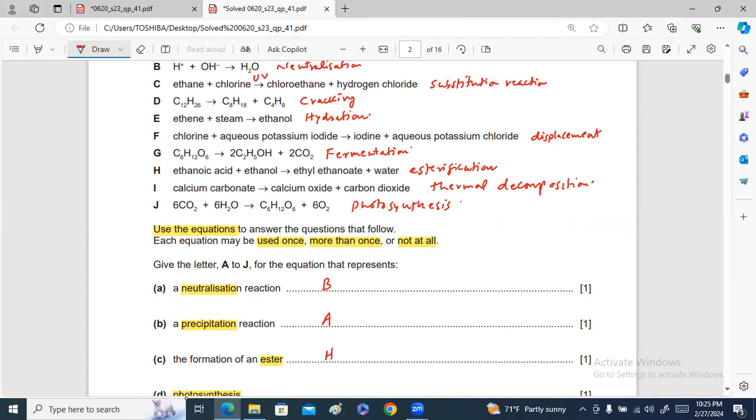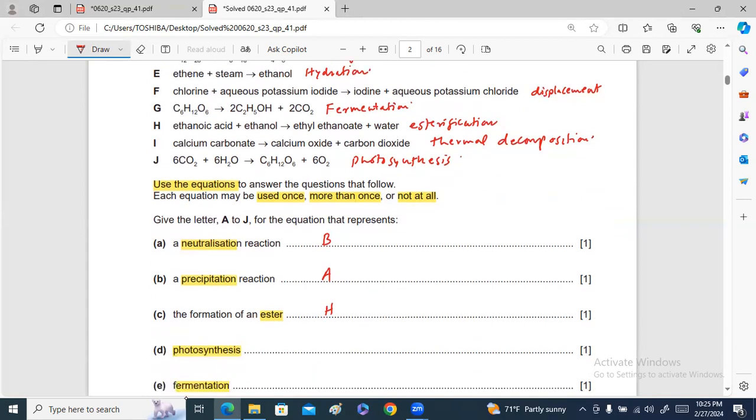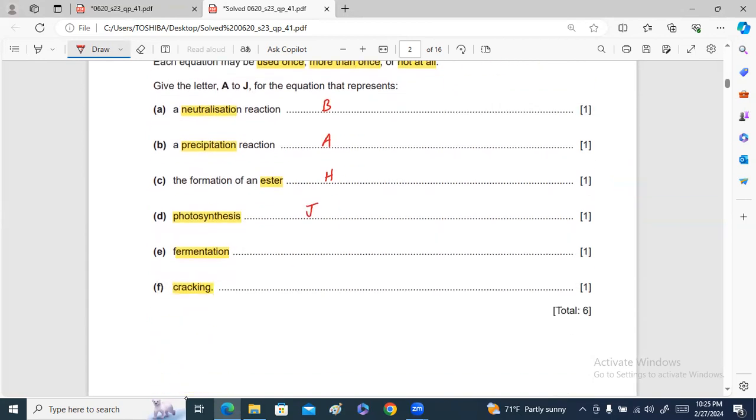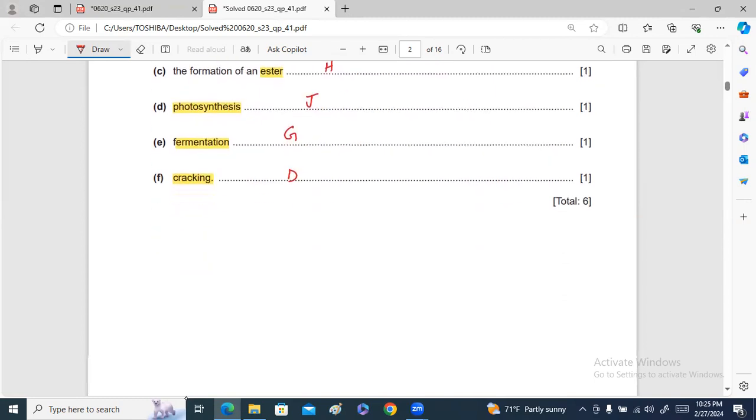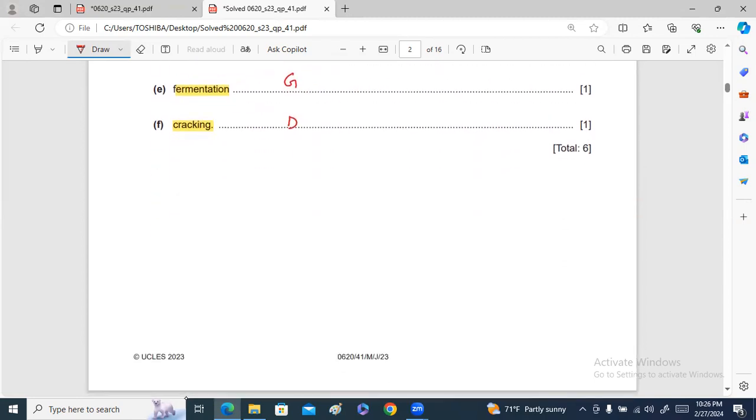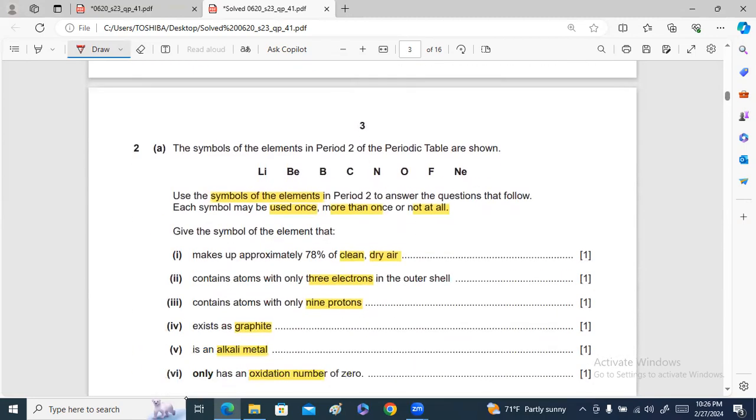Then photosynthesis, photosynthesis is J. Then fermentation, fermentation is G, and cracking is D. So you can answer all these questions from the list A to J if you know the type of reaction which is happening there. Let's come to question number 2.